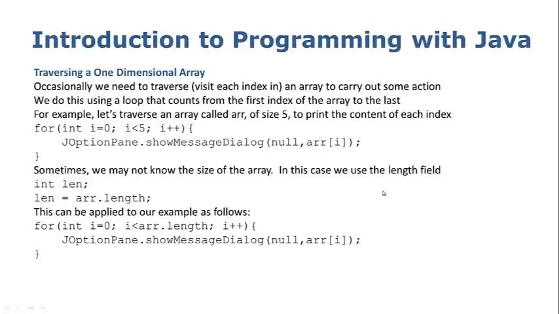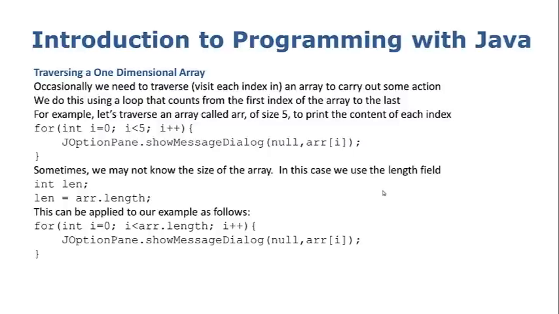This could then be applied to our example as follows. For int i equals 0, i less than, and instead of 5 here, we've got R.length. So it will count how many elements are in the array, and then we can do our increment, which is i++, and the action within the loop is the same.